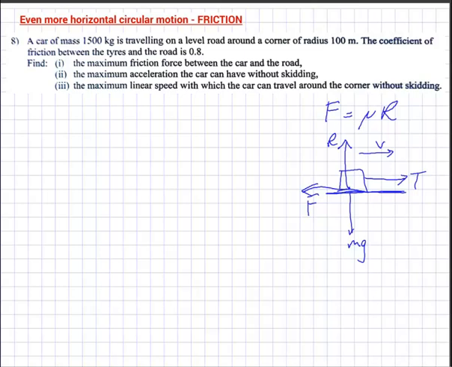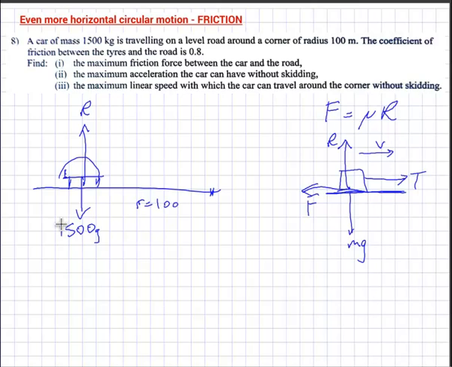In this scenario, it's very similar. If we imagine we have our car, it has a mass of 1,500, so its weight is 1,500 g. There will be a normal reaction in the opposite direction. We have a radius of our turn, so imagine it's turning. Our R from the center is going to be 100 meters.